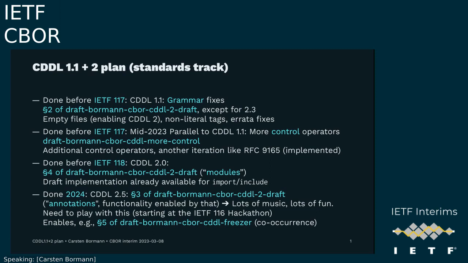For instance, being able to say that something is encoded as a base64 string, a base64 text string, is useful. And we are right now getting feedback from people who want to use this. So that's also something that is already implemented the way it's in the draft, but we will probably get a little bit of additional feedback before we can define this.